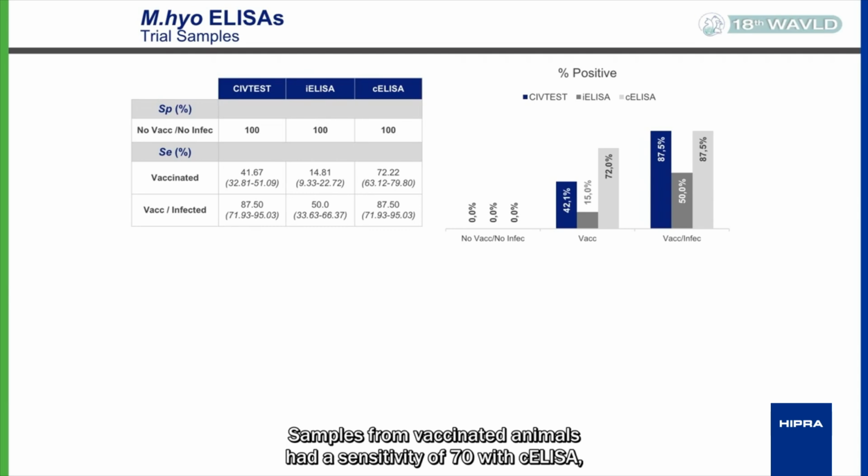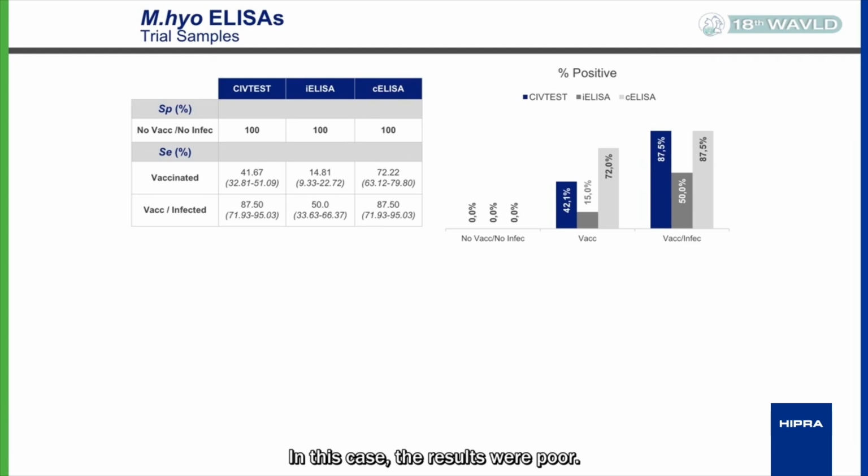The samples coming from vaccinated animals were detected with a sensitivity of around 70 with ELISA, around 40 with the FIP test, and below 15 with C-ELISA. For vaccinated and infected, the agreement between these kits was absolute, and in this case, the results were poorer.